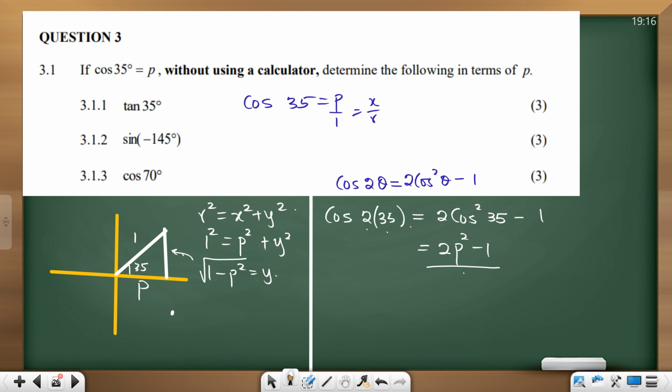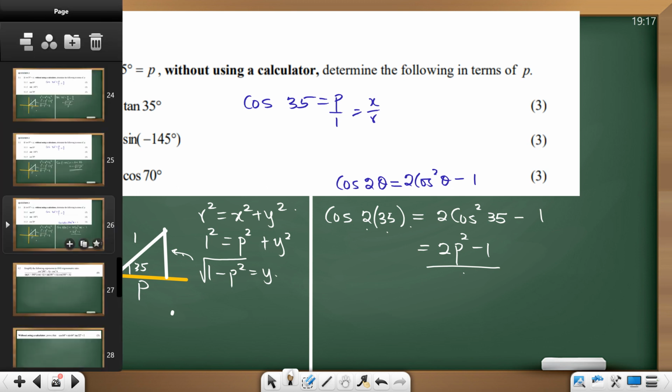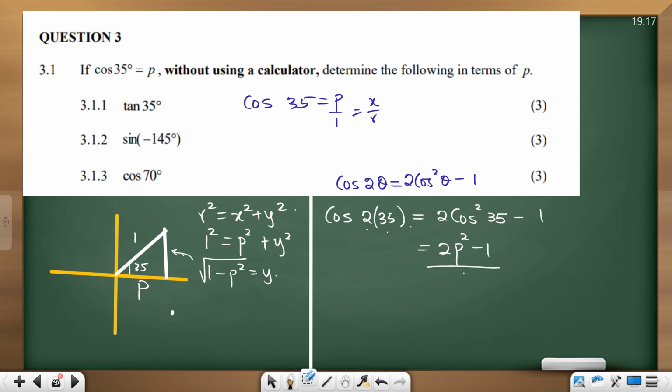Let's try something. Let me add one more question to this. Question number 4. Given this, what is cos 17,5? 35 divided by 2 is 17,5, right? So let's say an examiner gives us cos 17,5.